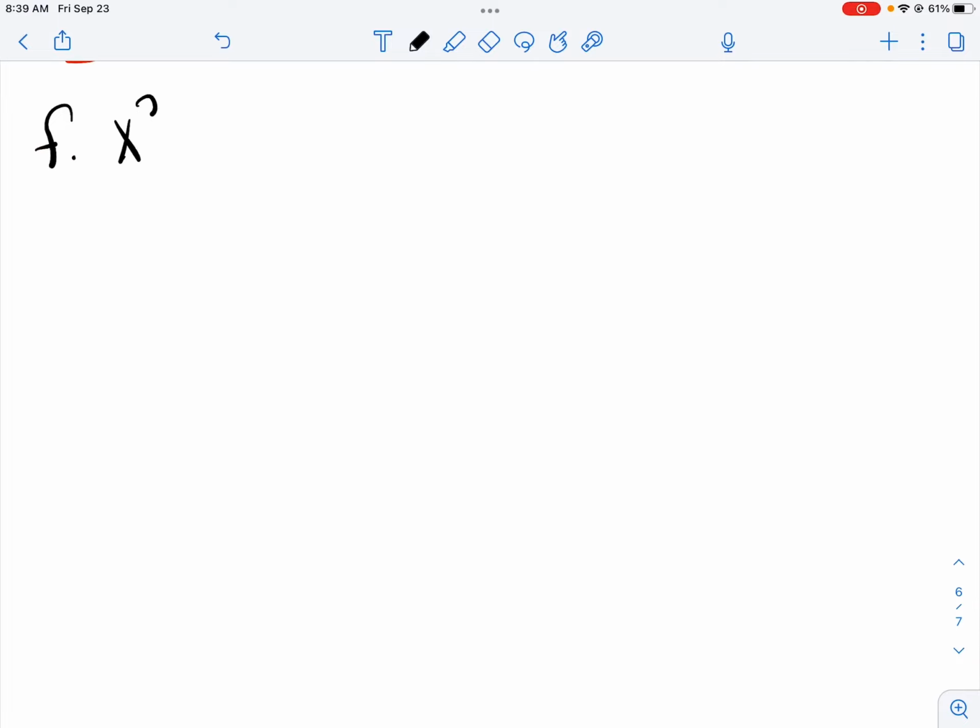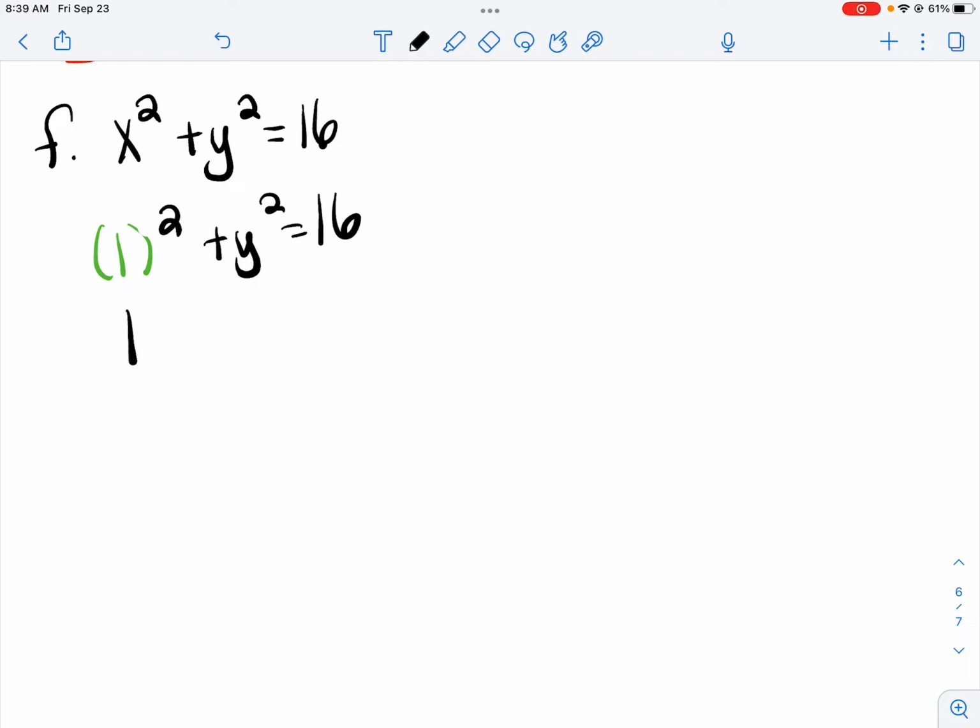And then part F, there are a couple of ways to look at this one. And one rule of thumb is for something to be a function, it cannot have an even power of y. Now, there are exceptions to that rule, so you always need to start looking at your points. So what if I were to plug in 1 for x? Well, 1 squared is 1.